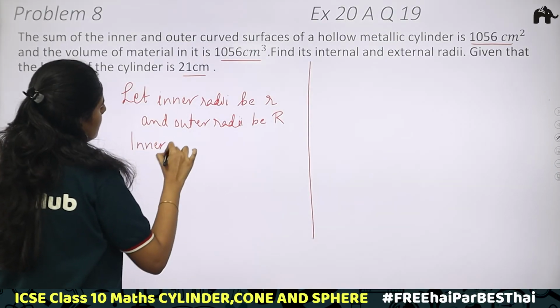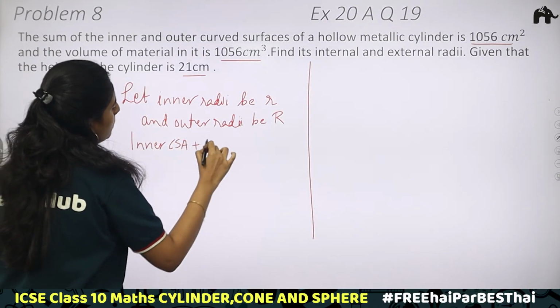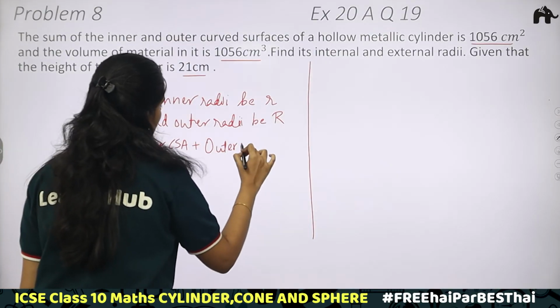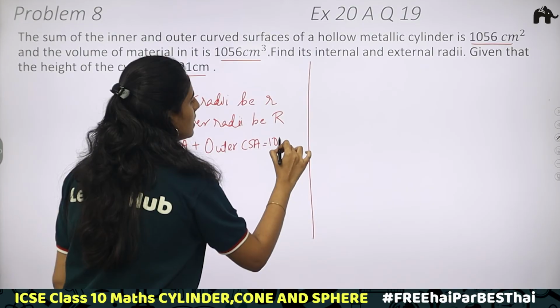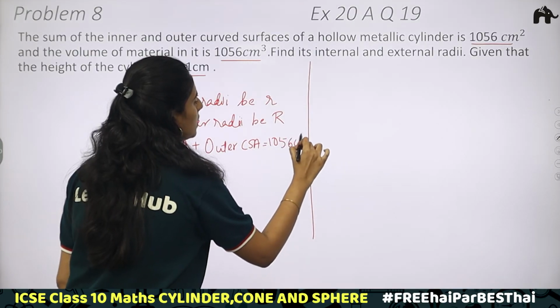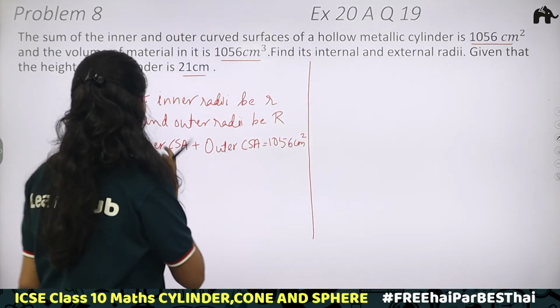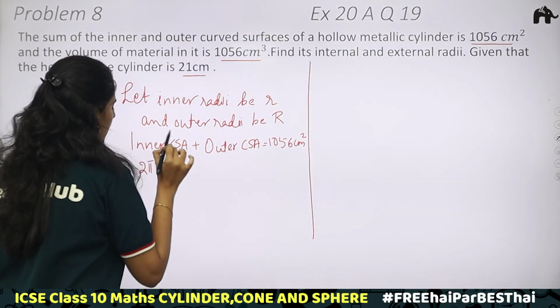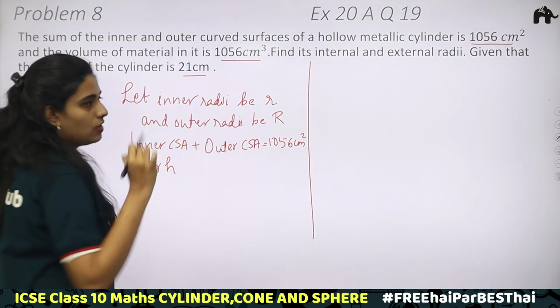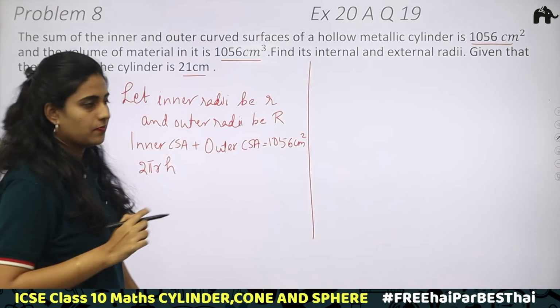Inner curved surface area plus outer curved surface area is given, that is equal to 1056 centimeter square. How to find inner CSA? Inner CSA will be 2 pi inner radius into height. Height of cylinder is h. Okay.